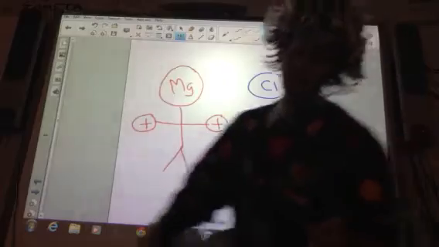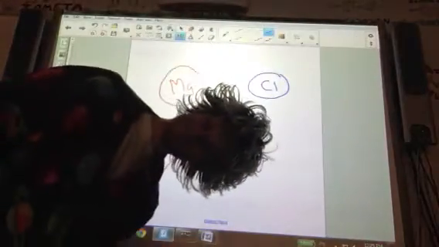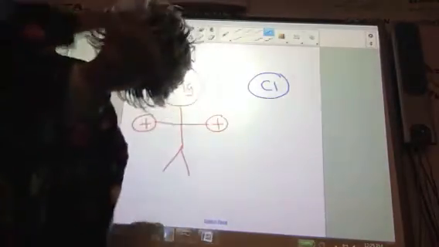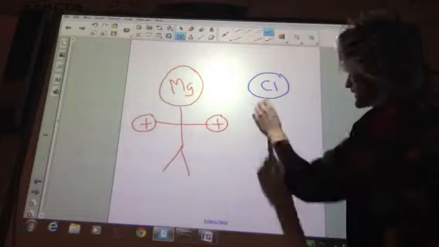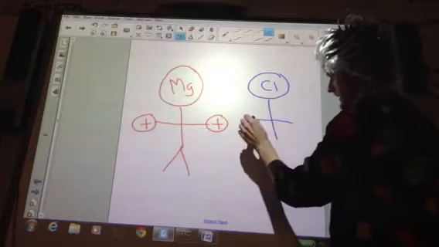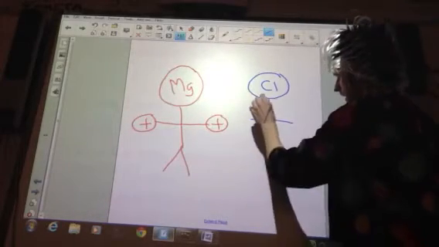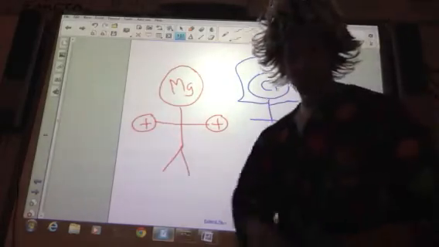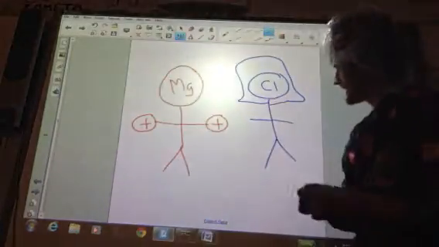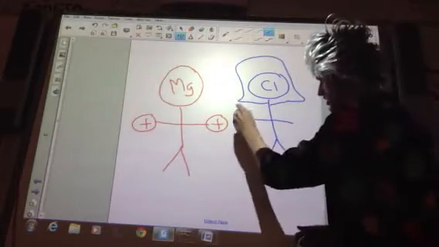It's almost like a sideways smiley face if you look at it. The eyes are closed, and then the smiley face, you can kind of see it. Just go with it. So she has a sideways face, and she is a nice lady there. That's her beautiful hair there, kind of like mine. Anyway, Cl is a minus charge.